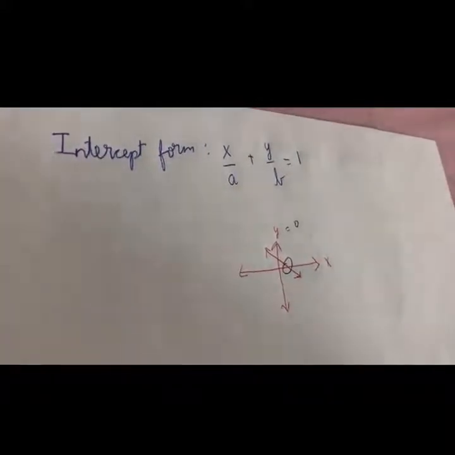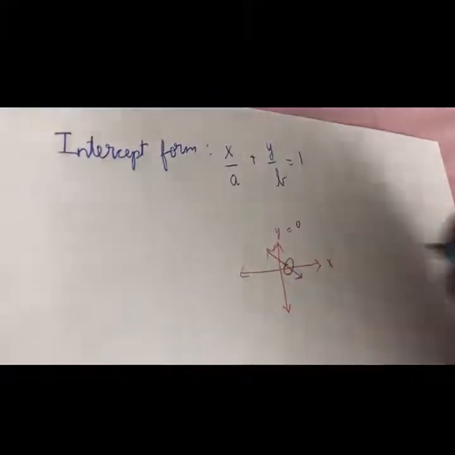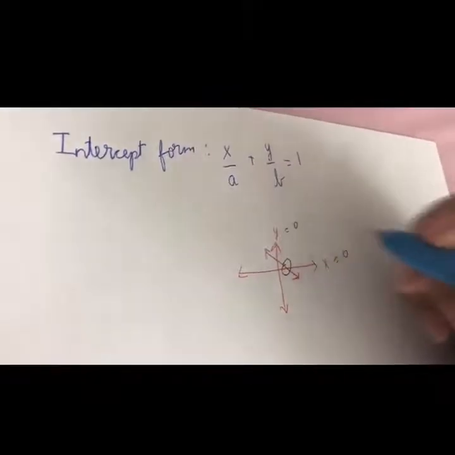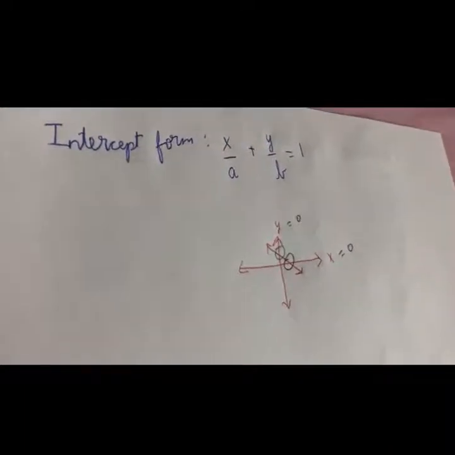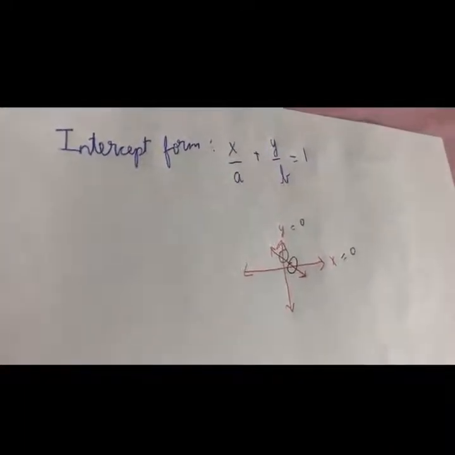And the y-intercept is when x equals 0 and it crosses the y-axis. An example of the y-intercept would be this green area right here. So b is the y-intercept and a is the x-intercept, and x is the input and y is the output.